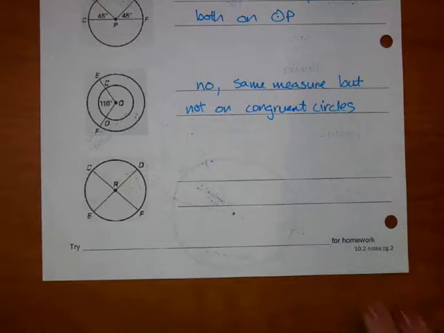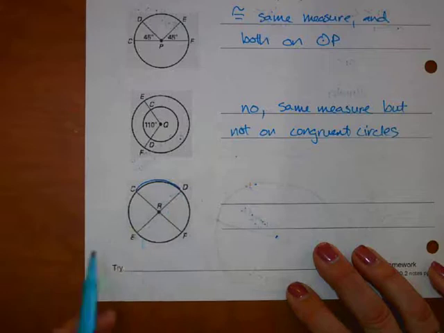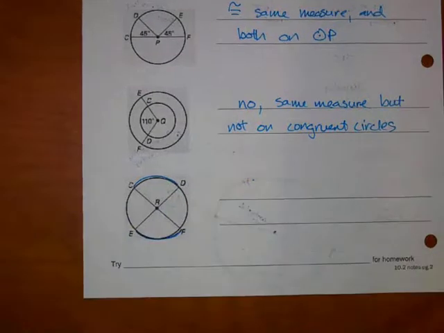Okay, we're still looking at CD and EF. What do you think? Yes, we don't have any of the angles, so we can't prove it. We can prove it. It's prior knowledge. Semicircle. No, we don't know that for sure.